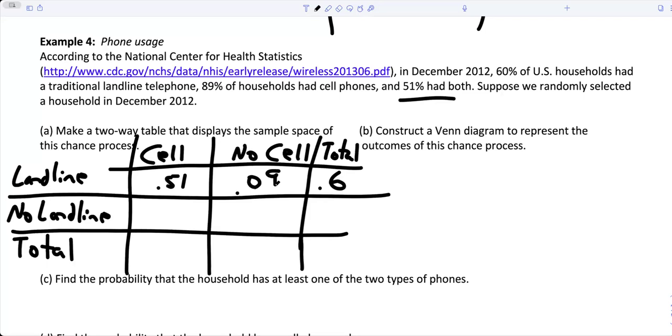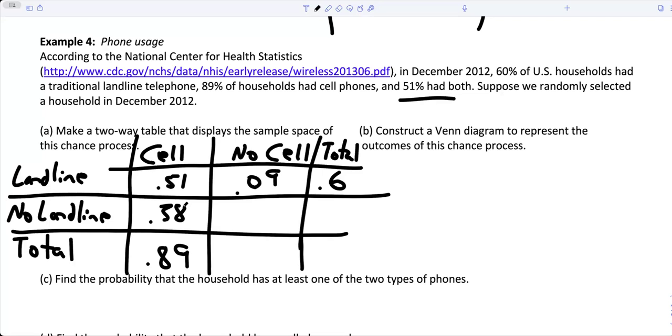What was the total percentage of cell phones? 89%. Looking at this column, the total for cell phone must be 0.89. So what does this have to be? 0.89 minus 0.51, which is 38%.